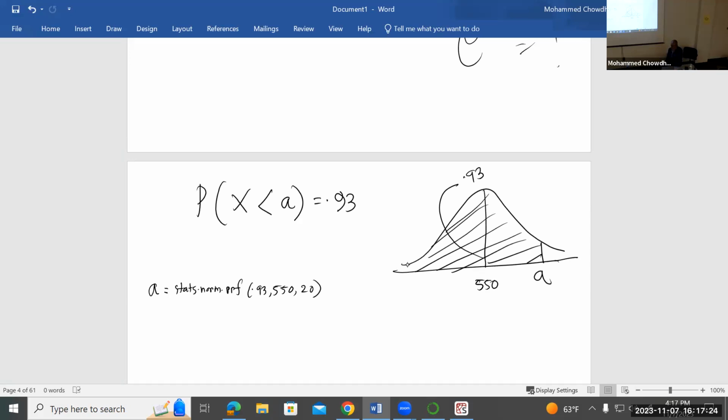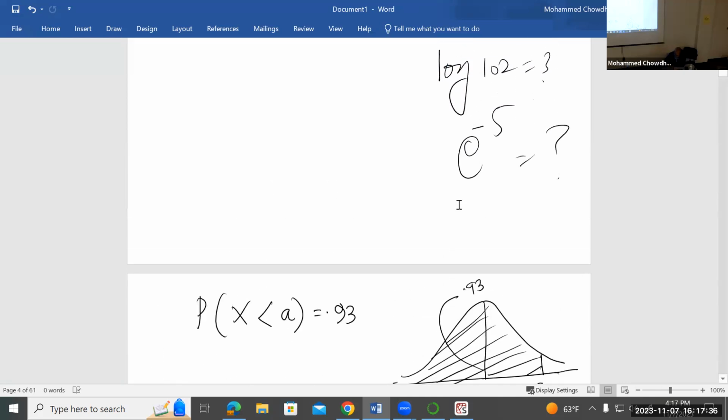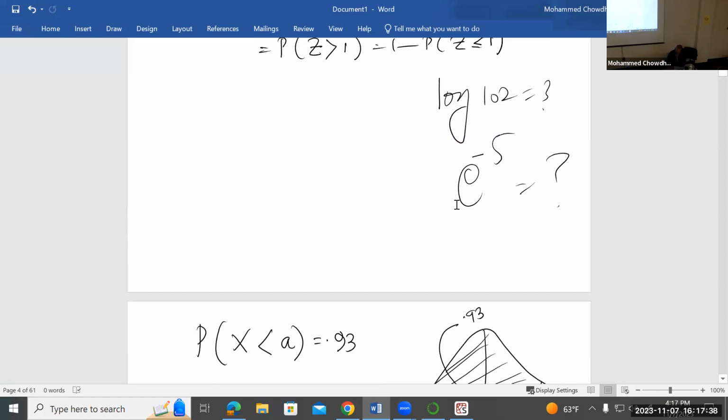If you ask me, I want to do these computations by paper and pencil approach, I don't believe in the computer, then let me show you how to do that from here.